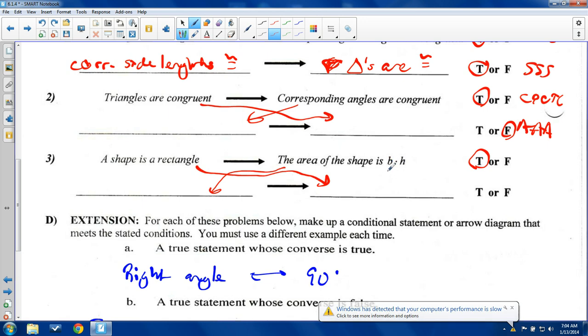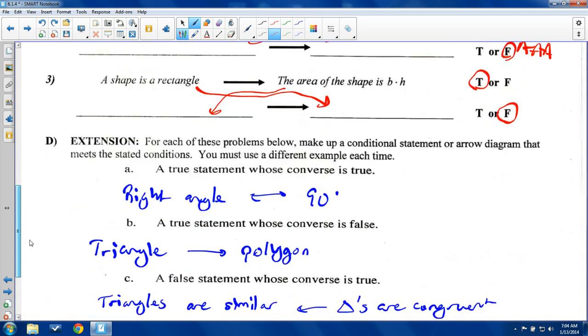I can't really think of other ones, and squares, right? But that's kind of side squared. So shape of rectangle, area, true. Area base times height is the shape of rectangle, not necessarily. It could be a parallelogram, rhombus, or square, which is a rectangle. So false. Okay, and that's all I got on converses.